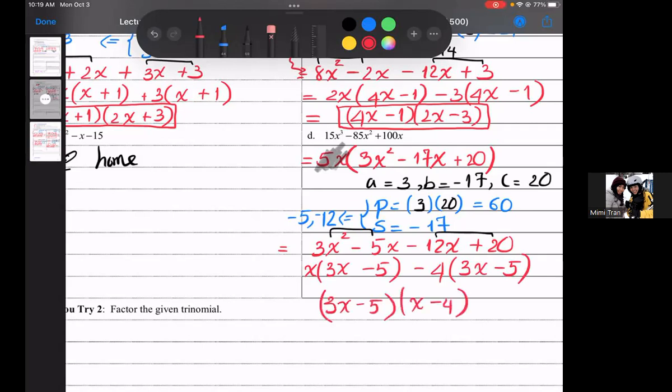And then don't forget that 5x, we grayed it out up there. Bring it down here. 5x. And box your answer at the end. Done.